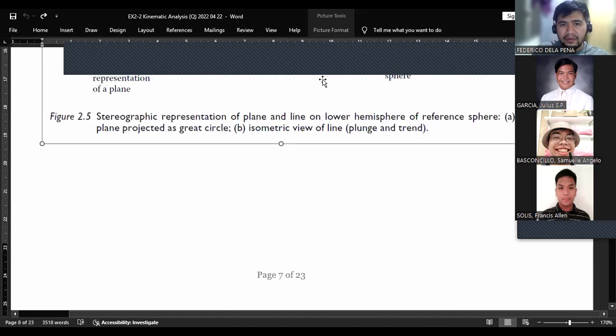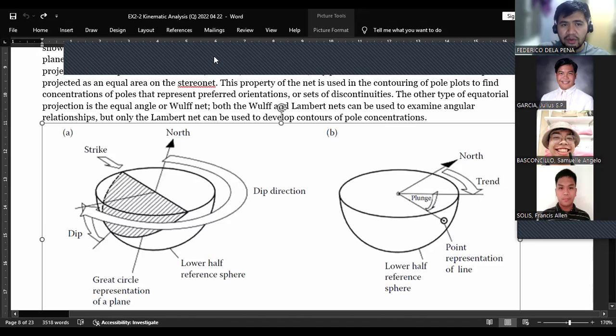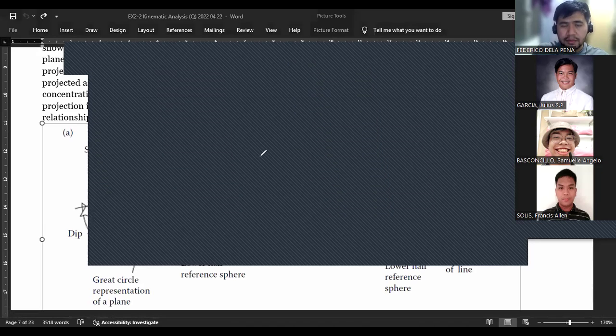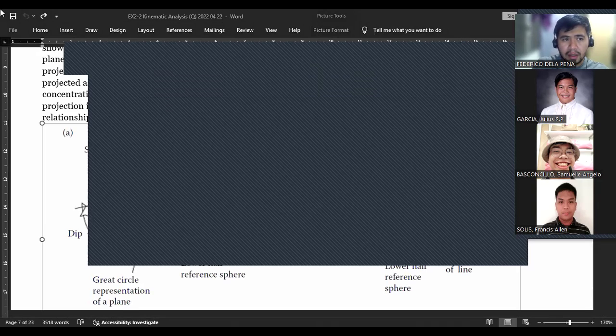All right, I think I have to briefly review the stereographic projection. To be honest, as a student, I did not understand how stereographic projection works, like 2 years after graduating geology.